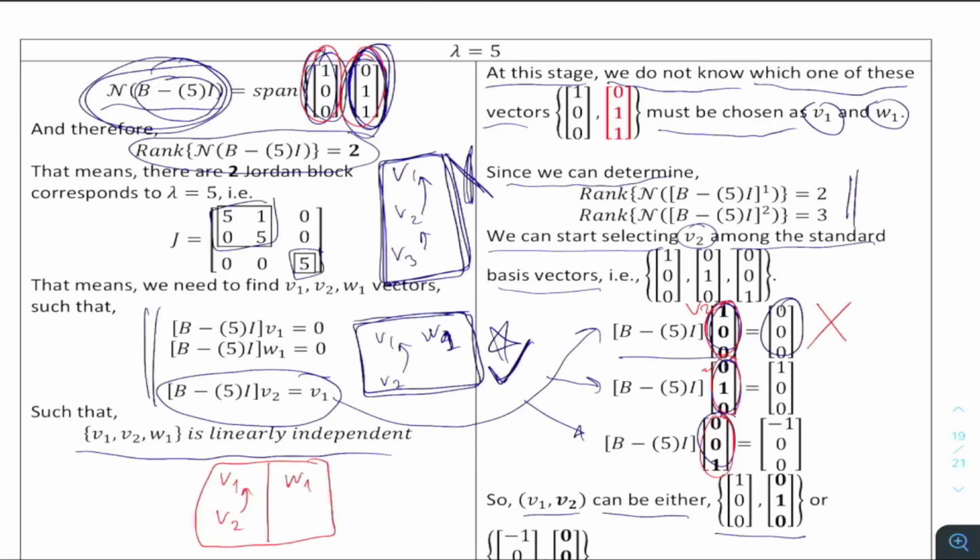We choose three candidate v2s, and we computed and found this is 0, and since v2 cannot be the 0 vector, v2 cannot be this e1. However, v2 can be this vector, and it also can be this vector. This is the critical part.